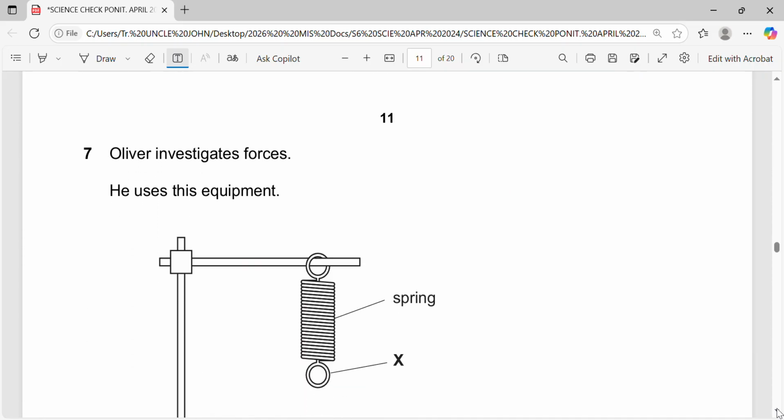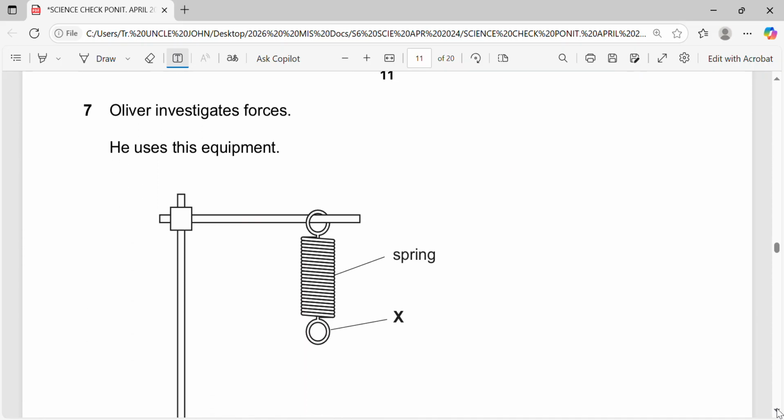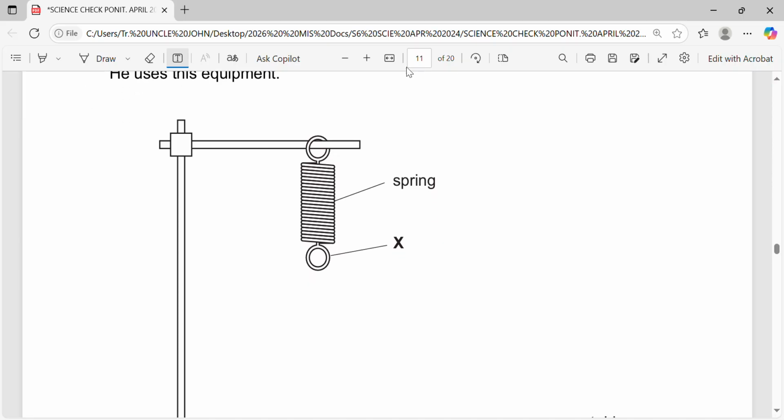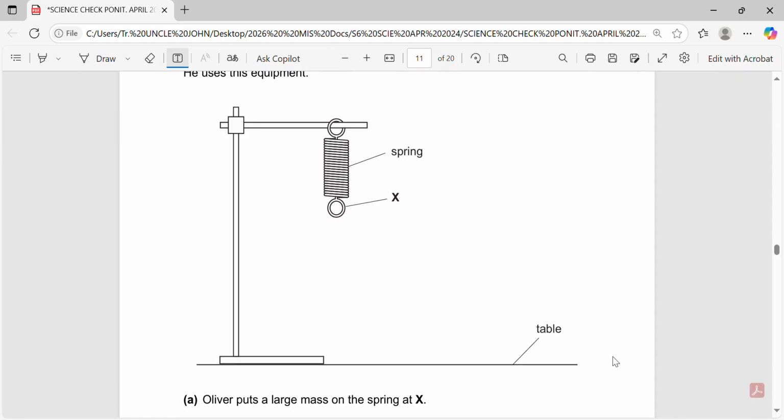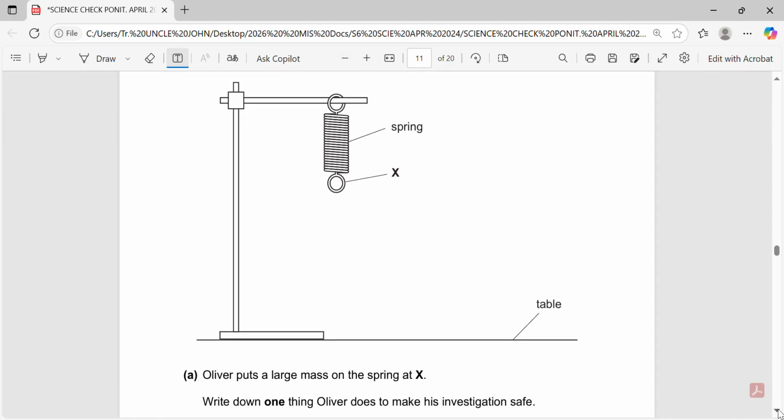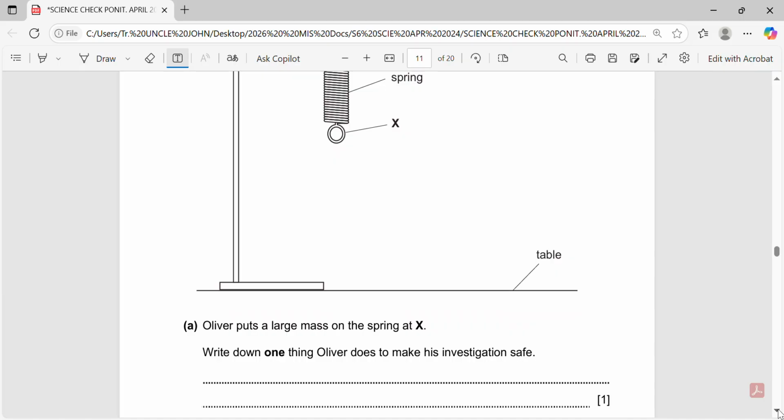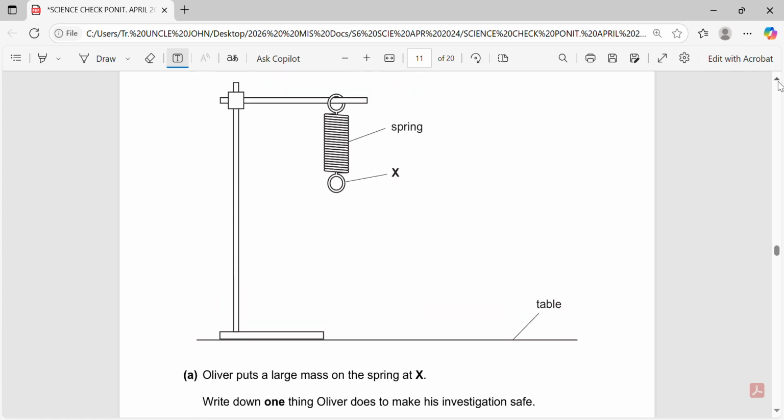We continue with number 7. Oliver investigates forces. He uses this equipment. As you can see the equipment here, you can see it so well. Oliver puts a large mass on the spring at X. You can see where X is. Write down one thing Oliver does to make his investigation safe.